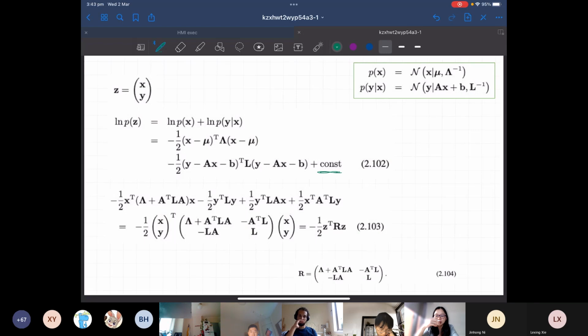So we just focus on the quadratic term. Because x has parameters mu and lambda, its quadratic form term is like this, and y's quadratic form is like this. And we complete the squares.